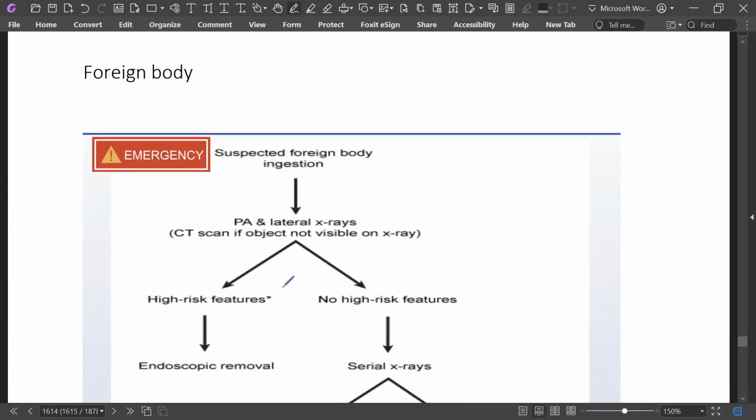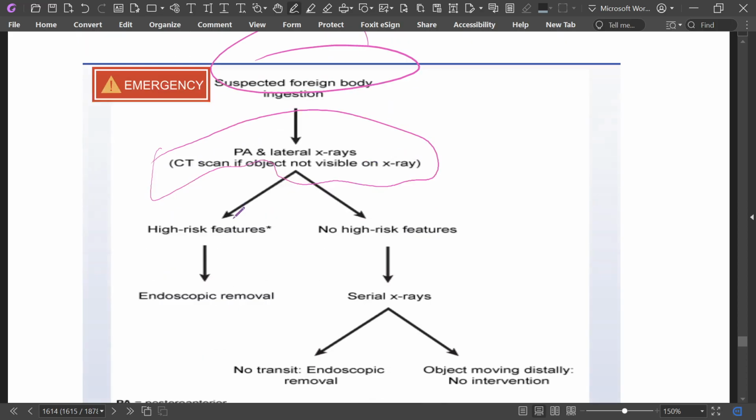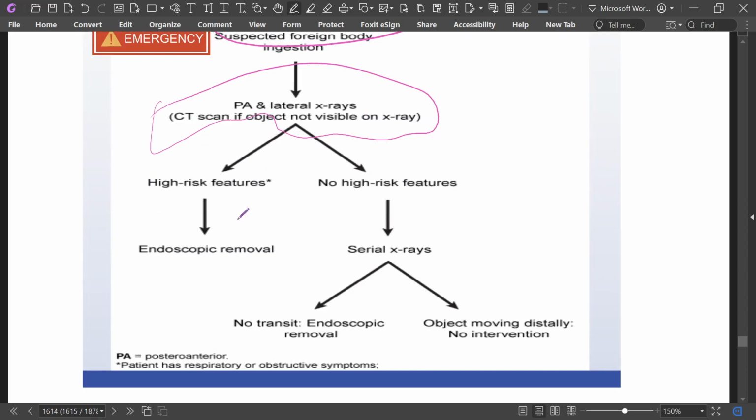Foreign body. If you suspect foreign body ingestion in a baby, get PA and lateral view X-rays, or a CT scan. If the object is not visualized on X-ray and the patient is high risk, do endoscopic removal.